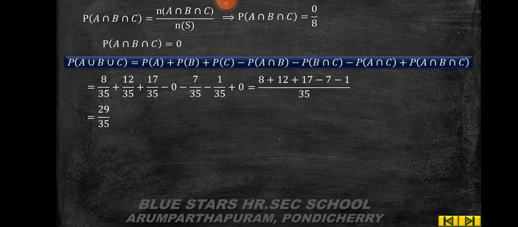So this is the required probability, that is P of A union B union C. That is, the probability that a student selected is either a boy with a prime roll number or a girl with a composite roll number or an even roll number.